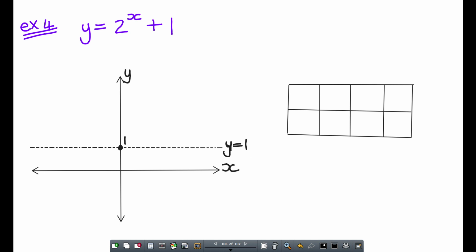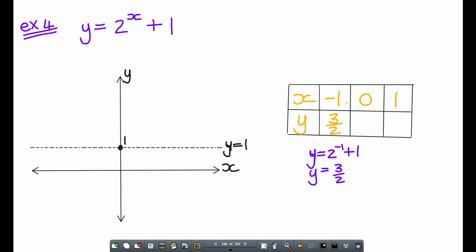Alright, then the rest of our steps are exactly the same. I'm still going to get some points to plot on my graph, and I'm still going to use minus 1, 0, and 1 for my x values. So let's have a quick look. If we substitute minus 1, I'll have y equal to 2 to the power of minus 1 plus 1, which means that's going to give me 3 over 2. Because 2 to the power of minus 1 is a half, no?